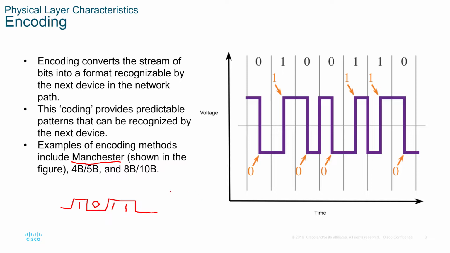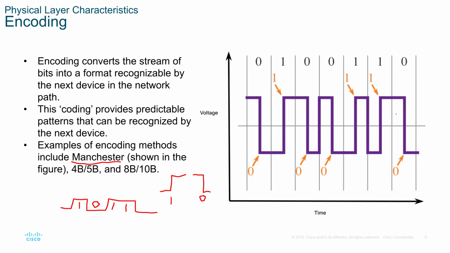Manchester encoding says that if I have a transition that goes from low to high, it is a logic 1. If I have a transition that goes from high to low, it is a logic 0.